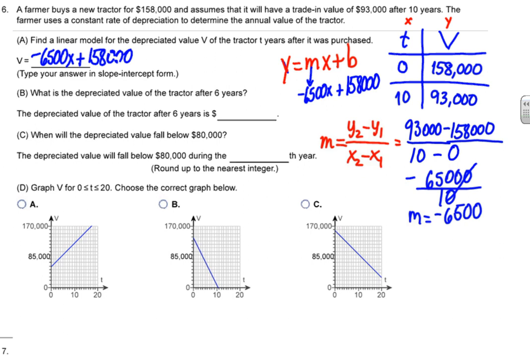So let's see, $6,500 times 6. I didn't multiply that ahead of time.